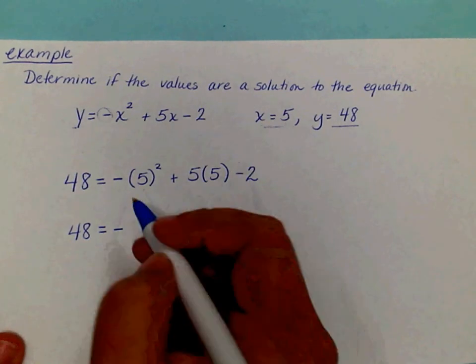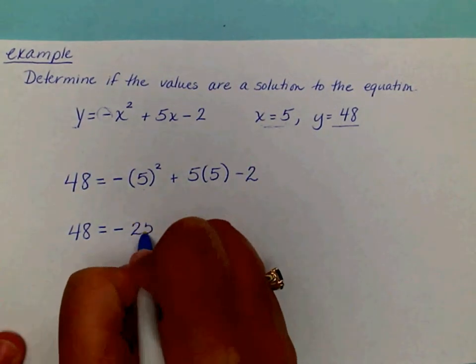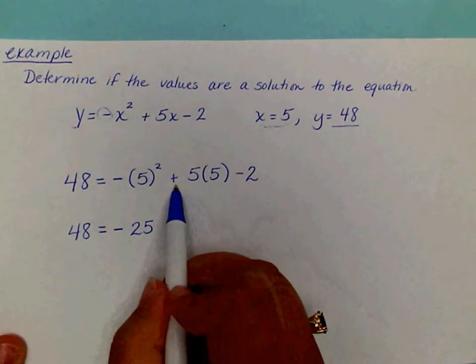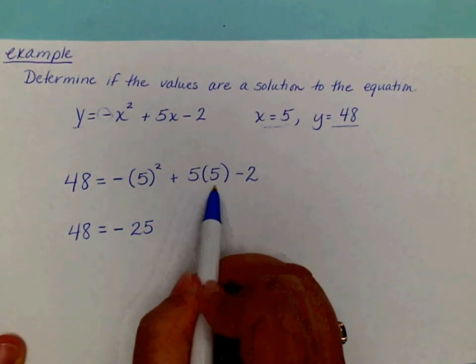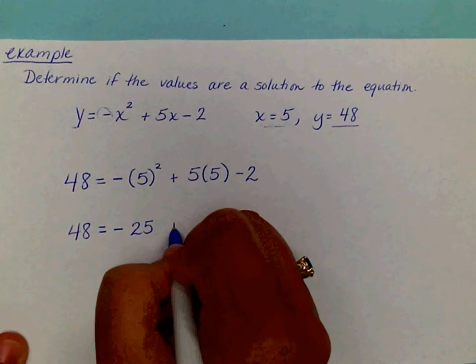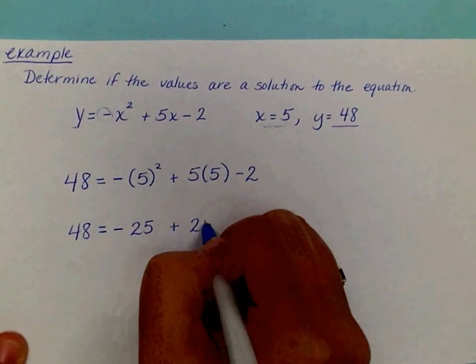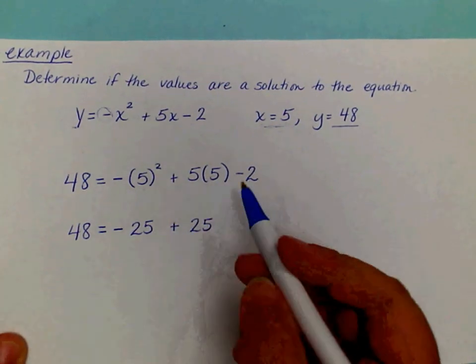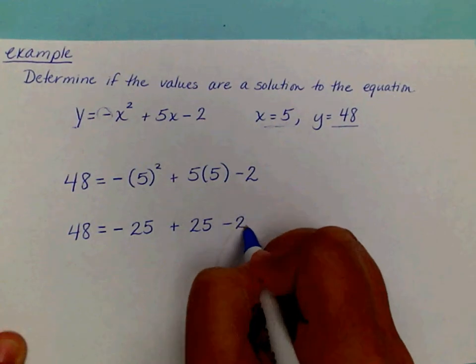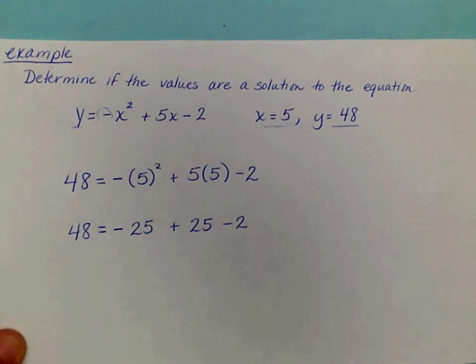So that now becomes 25. Next term is our positive 5 times positive 5, which gives us a plus 25. And then the last term is our minus 2, so let's bring that straight down as well. So notice now we have the equation 48 is equal to negative 25 plus 25 minus 2.